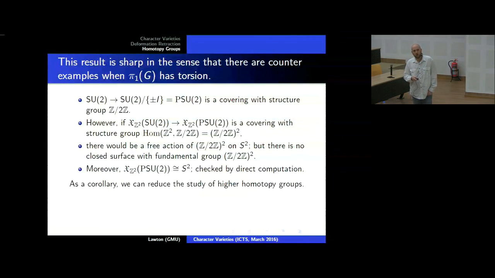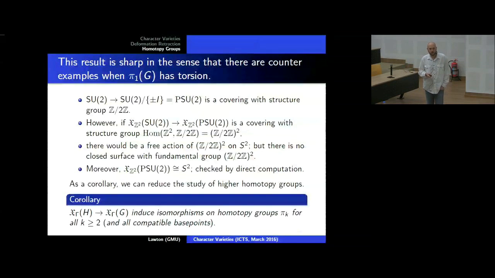Okay. So, anyways, another corollary of the existence of covering maps in the previous theorem is that you can reduce the study of higher homotopy groups of character varieties.